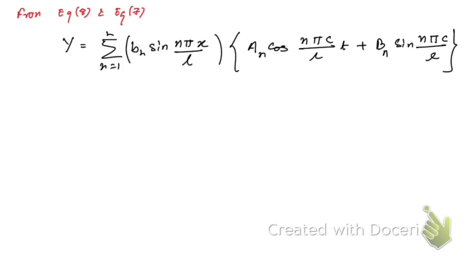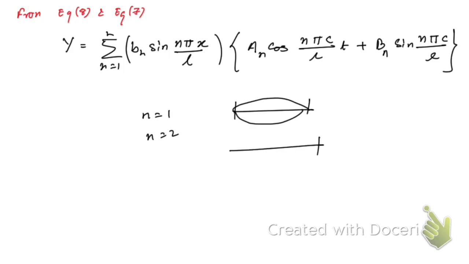Okay, so that is the solution of this equation of vibrating string fixed at two ends. And if you put n is equal to 1, n is equal to 2, then you will get the first mode of vibration of the string, then you're gonna get the second mode of vibration of the string, and so on, right? So hope you have understood this.